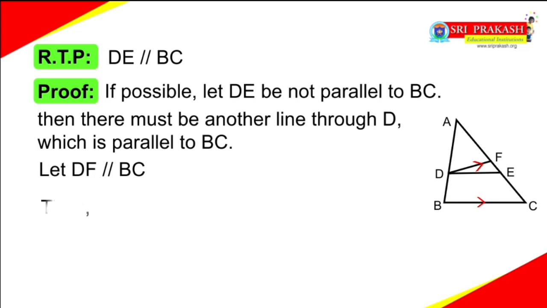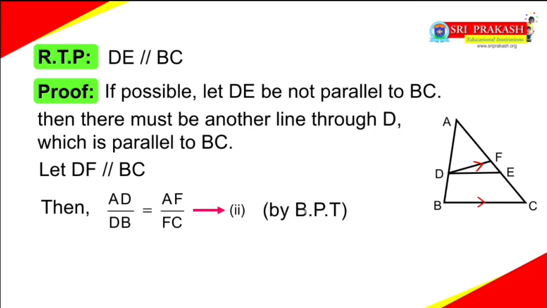Then AD by DB is equal to AF by FC by BPT. Now let us consider it as equation 2.